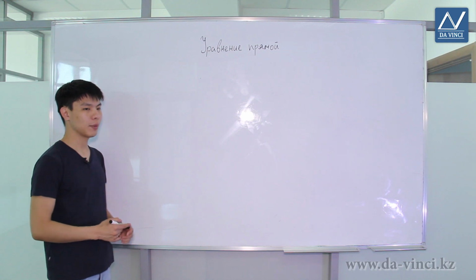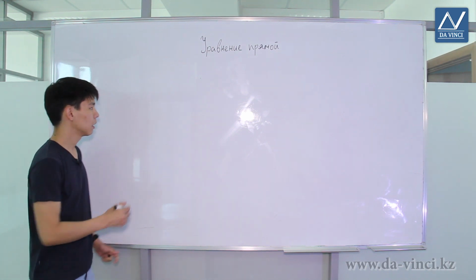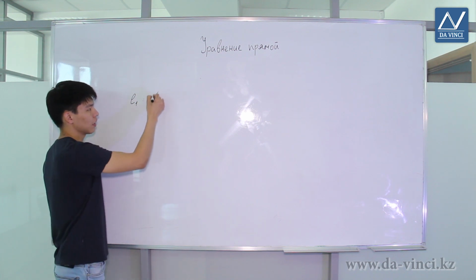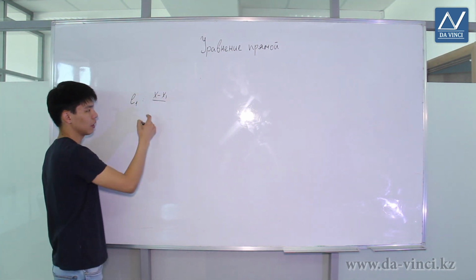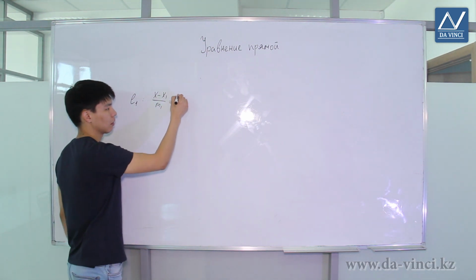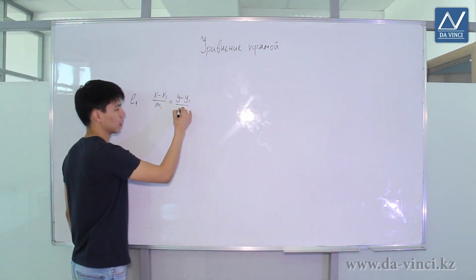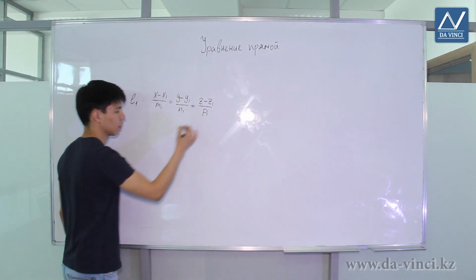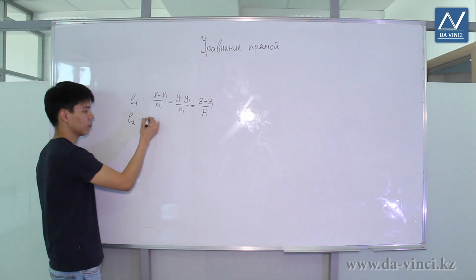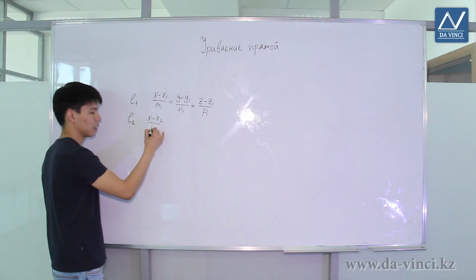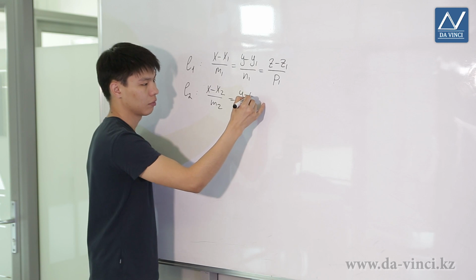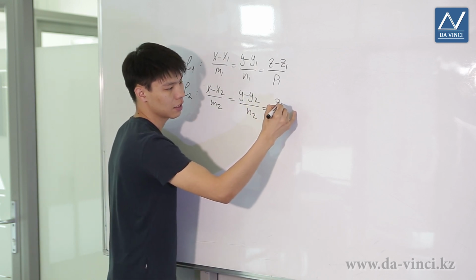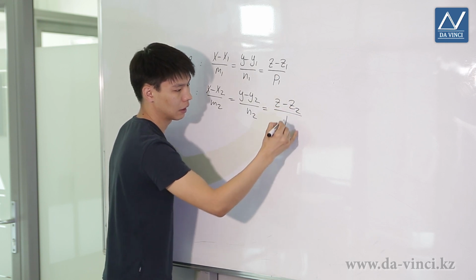Let's consider the mutual arrangement of 2 lines in space. Let's consider 2 lines, L1 and L2, given, let's say, in canonical form. That is the first equation, x minus x1 by m1, y minus y1 by n1, z minus z1 by p1. And the second equation, x minus x2 by m2, y minus y2 by n2, z minus z2 by p2.